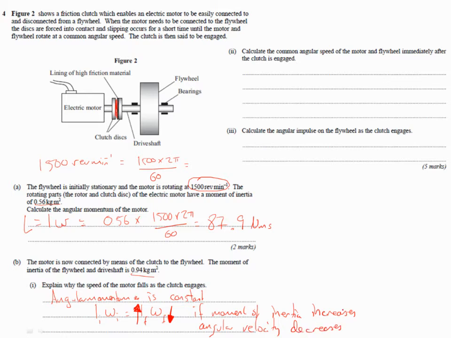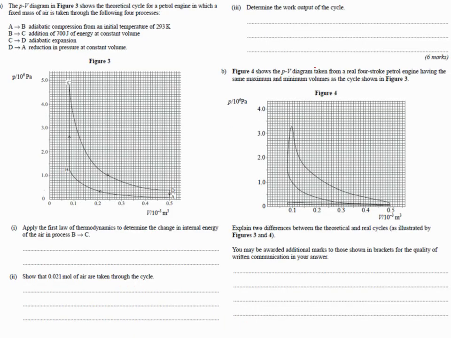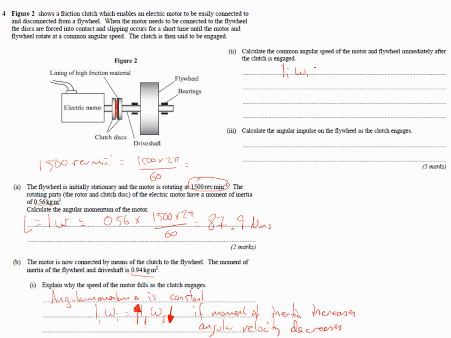And then we're going to be using that in the next part of the question to work out the common angular speed. So we are going to be using exactly the same idea. I final, omega final. Well, we've already worked out the initial one, 87.9 Newton meter second.